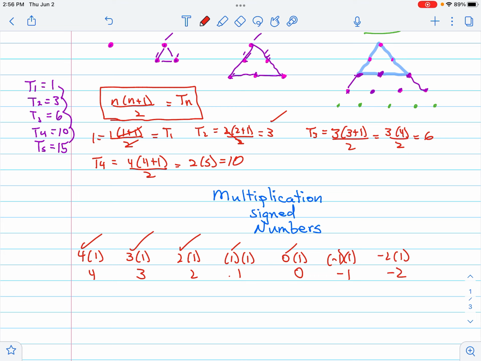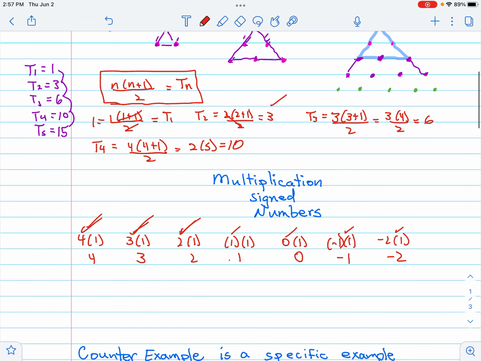Looking at this pattern, you could conjecture that when I multiply 2 positives together, I get a positive, and when I multiply a negative and a positive together, I get a negative.